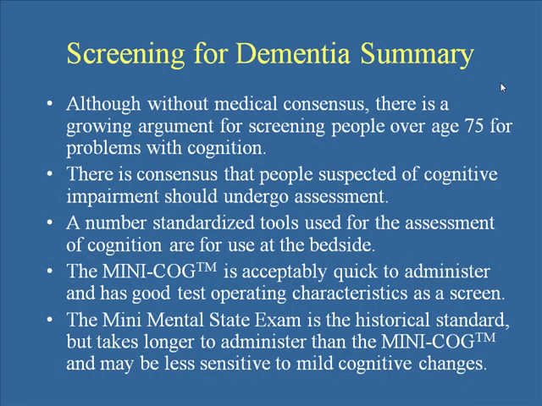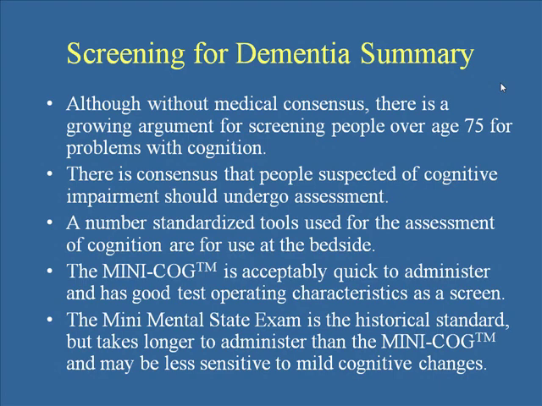Which brings us towards the end of our presentation. Just to summarize this whole topic of screening for dementia: although there is not medical consensus that screening all older people in a primary care setting is something we should be doing, I think there is clearly a growing argument for screening people, certainly over the age of 75, for problems with cognition.